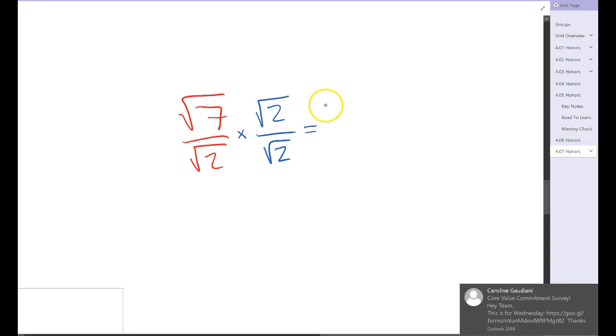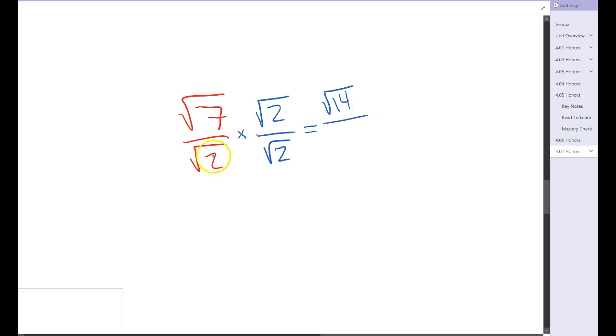So what's radical 7 times radical 2? Well, it's radical 14. Hi, G. And here we have radical 2 times radical 2. Well, radical 2 times radical 2, hopefully you've recognized this by this point in time. Radical 2 times itself would be radical 2 squared. And a square and a radical cancel.